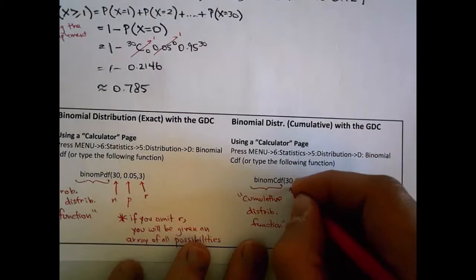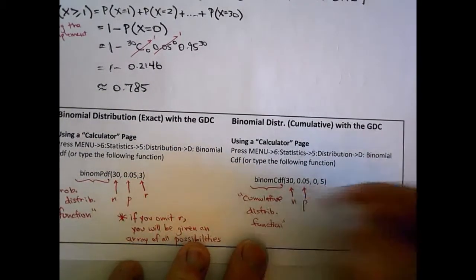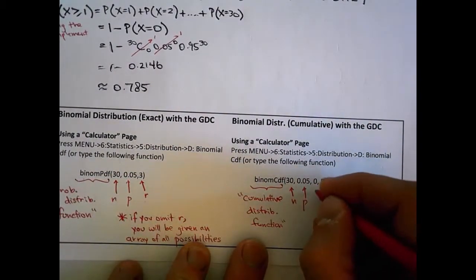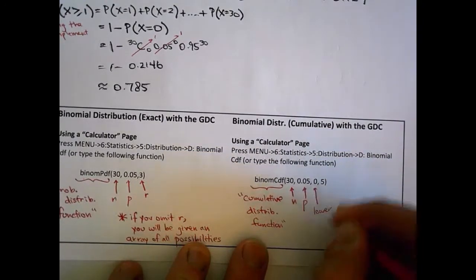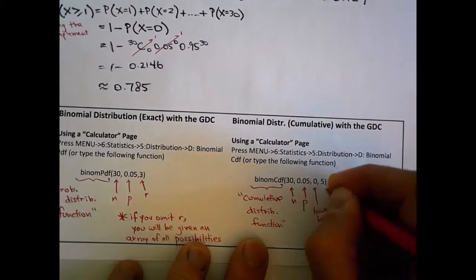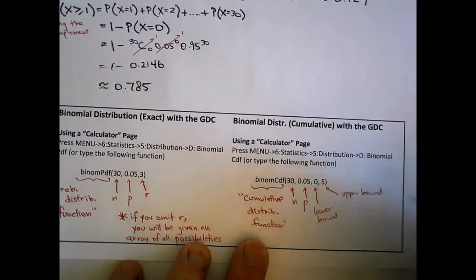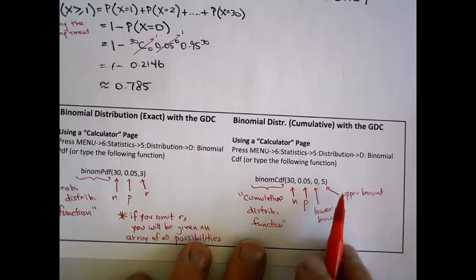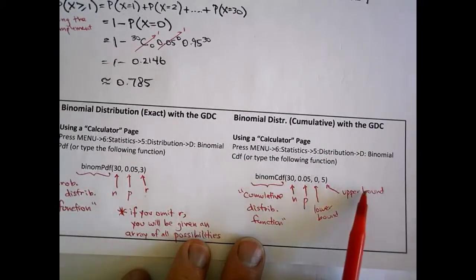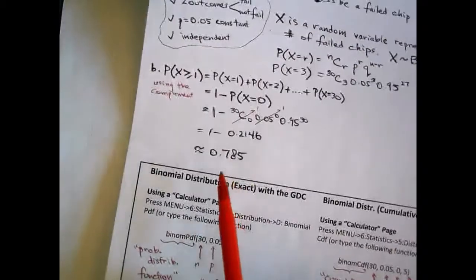This is similar. You put in the n value, you put in the p value, the two parameters, but then you put in a range of r's. So you put in a lower bound and you put in an upper bound. And you saw in that last example, we put the lower bound of 1 and the upper bound of 30, and then we got the same answer, 0.785.